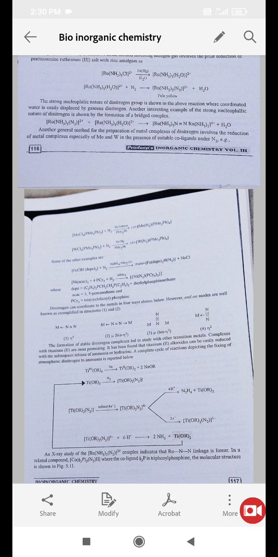It has been found that titanium alkoxide can be easily reduced with the subsequent release of ammonia and hydrogen. A complete cycle of a reaction depicting the fixation of atmospheric nitrogen to ammonia is shown, and an X-ray study of the complex indicated that the RuNN linkage is linear in a relatively stable compound where the co-ligand is triphenylphosphine. The molecular structure is shown in figure 5.